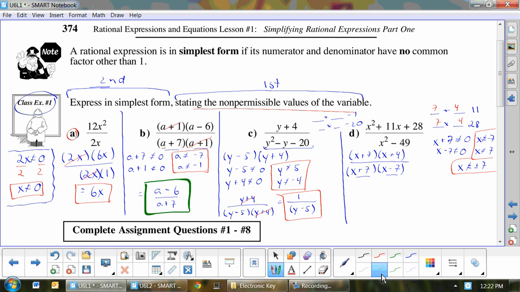Okay. So we have our non-permissibles, so we can start dividing out factors. We go, x plus 7, which gives us x plus 4 over x minus 7. Okay, and that's lesson number 1. So instead of omitting all, we're going to move on to lesson number 2.